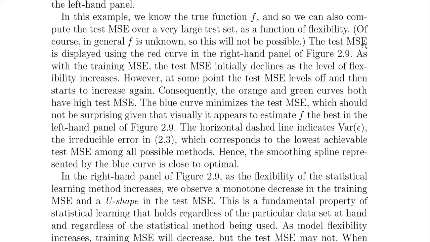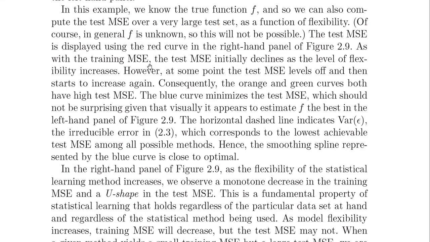The test MSE is displayed using the red curve. As with the training MSE, the test MSE initially decreases as the level of flexibility increases. So for example, you're going from a linear model to a quadratic model or a cubic model, so it decreases.